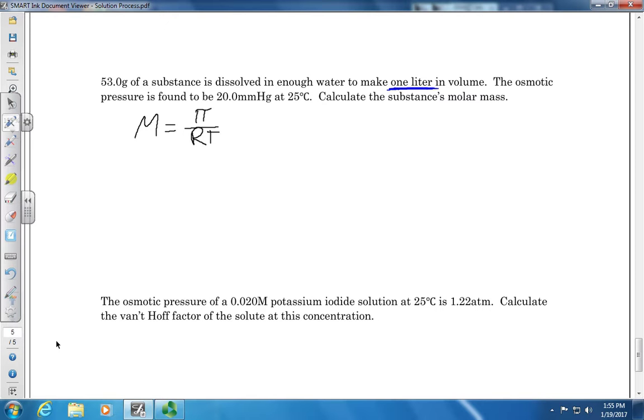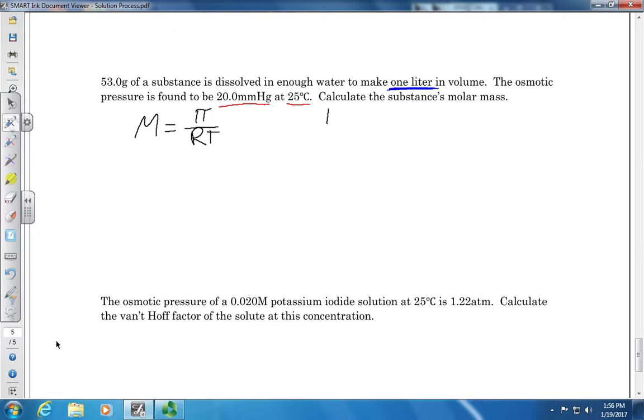Well, first off, we're going to want to change our millimeters of mercury into atmospheres and our degrees Celsius into Kelvin, because that's the gas constant that we have. We could always convert the gas constant to be in terms of millimeters of mercury and degrees Celsius. I just find it easier to go ahead and change everything else instead of having to memorize a new gas constant. So let's just go ahead and do that.